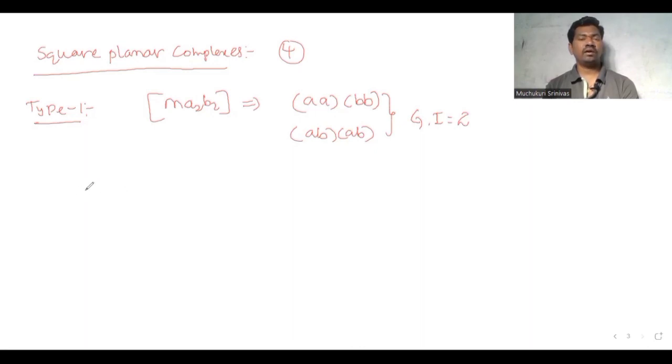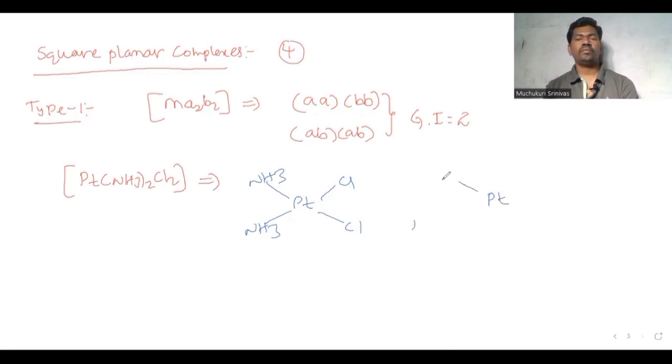For example, I will give you an example: Pt(NH3)2Cl2, diamminedichloroplatinum. Here platinum is the central metal atom, with NH3, NH3, Cl, Cl, and one more arrangement with Pt, NH3, NH3, Cl and Cl.